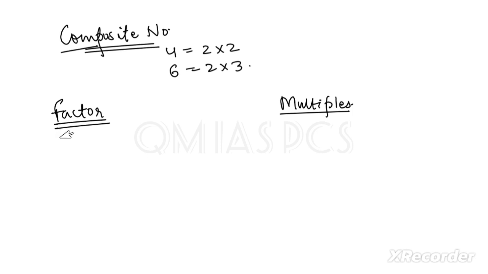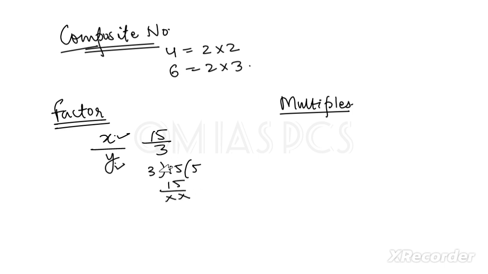For example, if there is a number x and a number y, and I divide x by y and it gets divided completely, then we can say that y is a factor of x. For example, 15 divided by 3 is 5, and the remainder is 0. So 3 is a factor of 15.